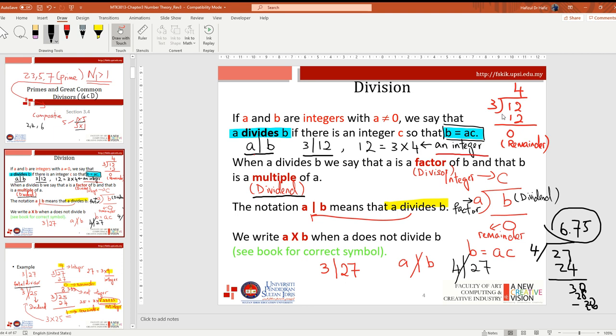A is a divisor, so 3 is the divisor. B, a multiple of A, is the dividend. B is the dividend, and 0 is the remainder.